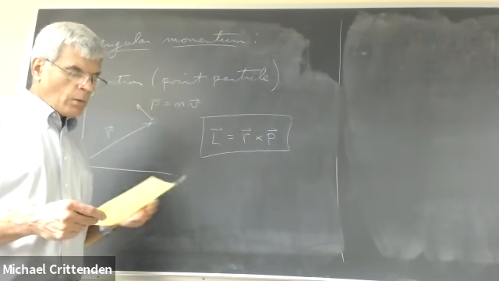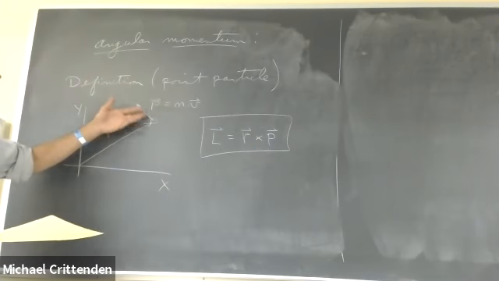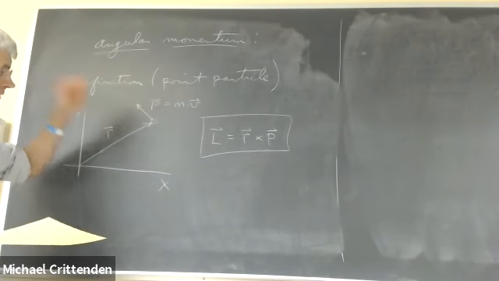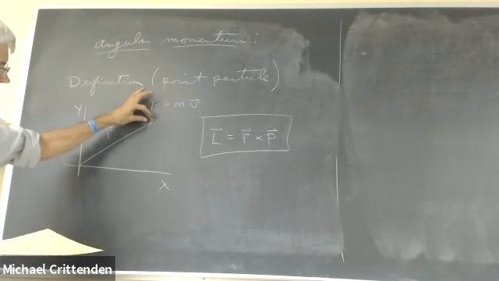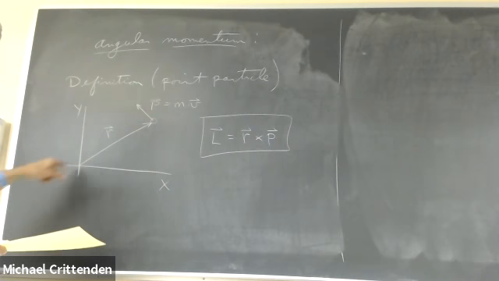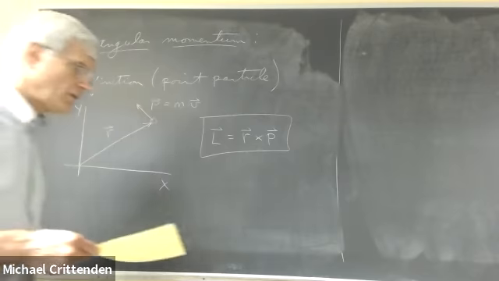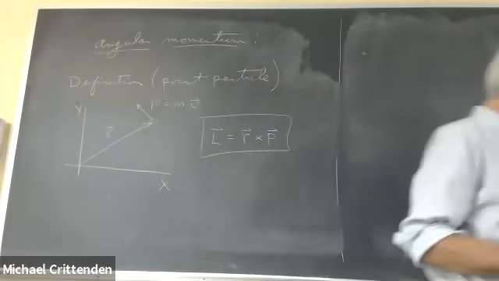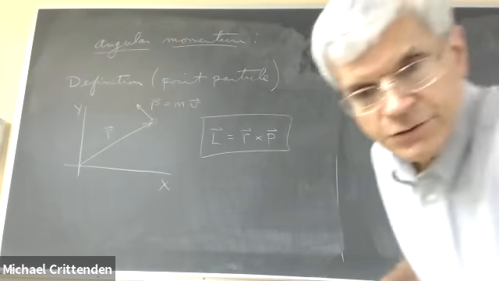Now, what if instead of some small point-like object, and it doesn't have to be small, this could be the Earth orbiting the sun, but whatever object it is, it's small compared to the length of this radius vector, small enough to say all the mass is located at a single point. Well, what if that's not even approximately true?